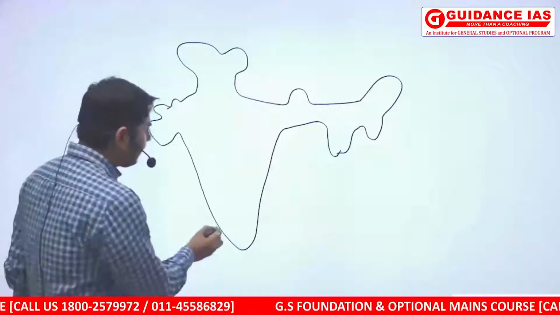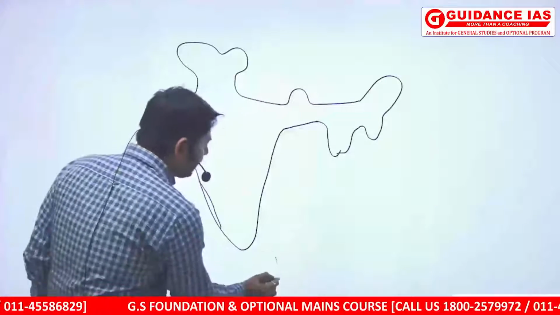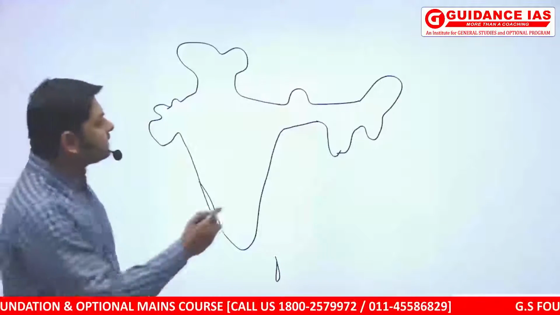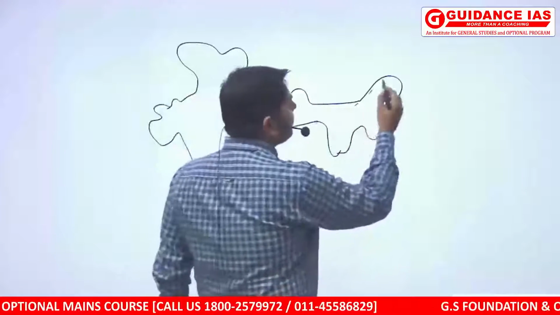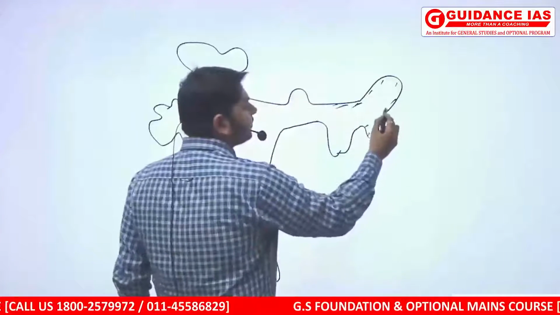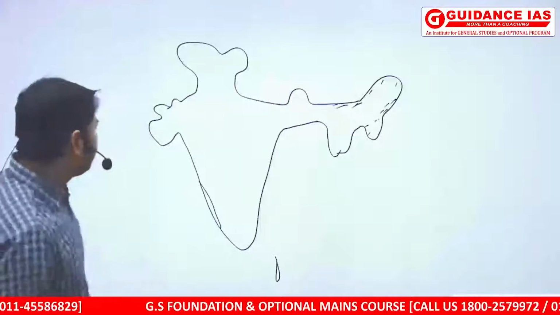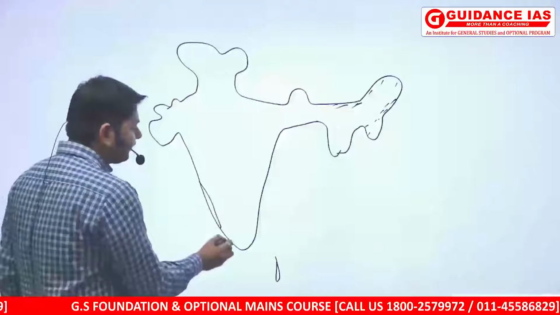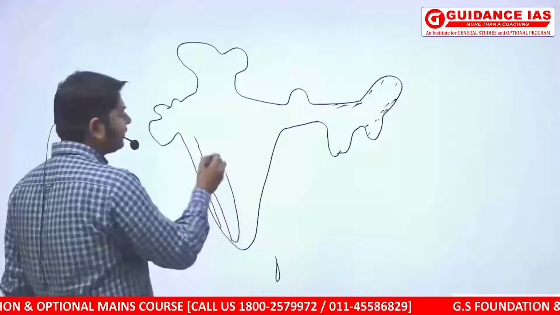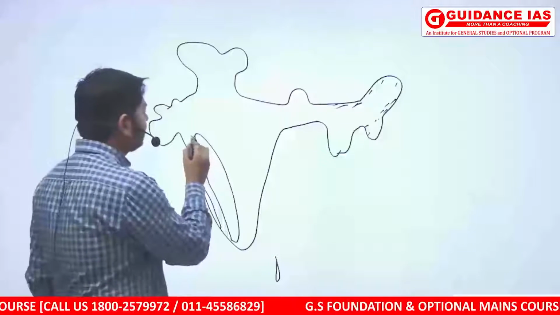So basically, in some parts of Western Ghats, in some parts of Andaman and Nicobar, and in some parts of Northeast India, we have tropical evergreen kind of forest. Then if we go inwards, we will have moist deciduous forest in this region.